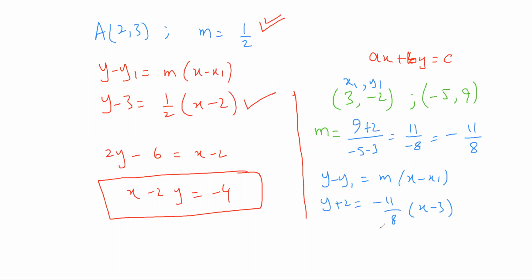Otherwise, you can do that cross multiplication. That is minus 11x plus 33. Your answer can be 11x plus 8y equals 17. This can be one of the forms. This and this mean the same. Now we shall practice this.